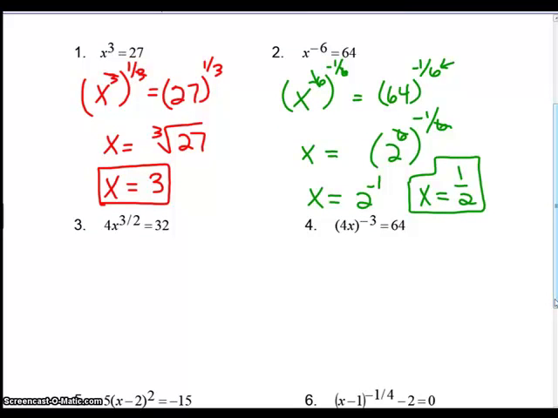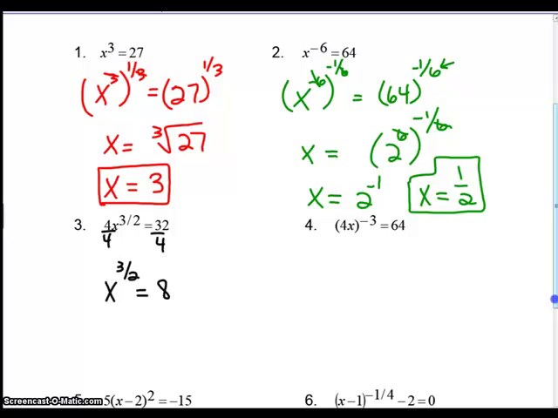All right, number 3. The reciprocal of 3/2 is 2/3. But the 3/2 is not on the 4. So what we're going to do is, because the first step was to isolate this by itself, if we divide by 4, it will be isolated. x to the 3/2 power is equal to 8.